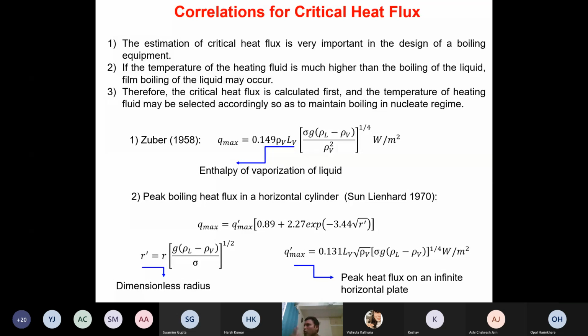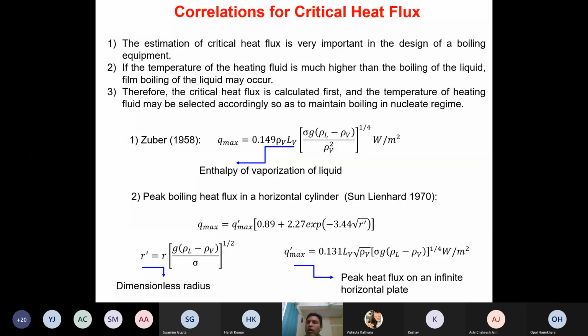It should not cross the nucleate boiling regime and move into the film boiling regime, because in the film boiling regime you are going to have a lower heat transfer compared to nucleate boiling, as shown here. Here you can see, if you go into the film boiling regime, the heat transfer is lower compared to the nucleate boiling regime.